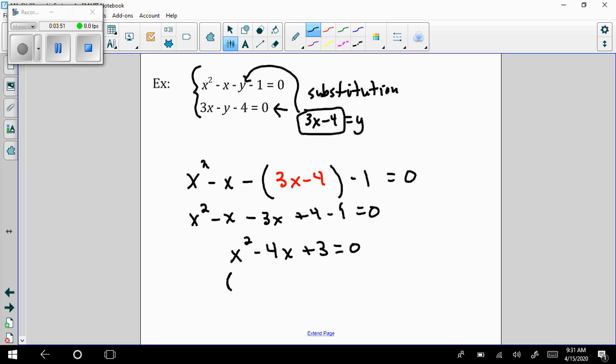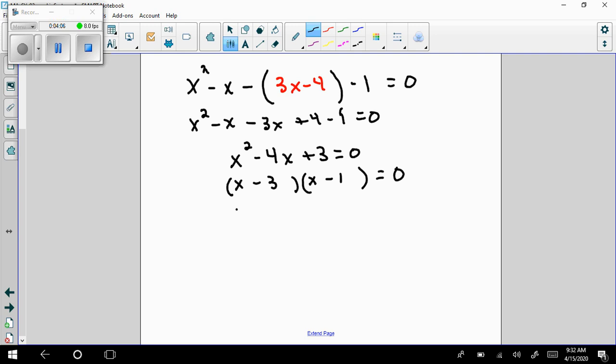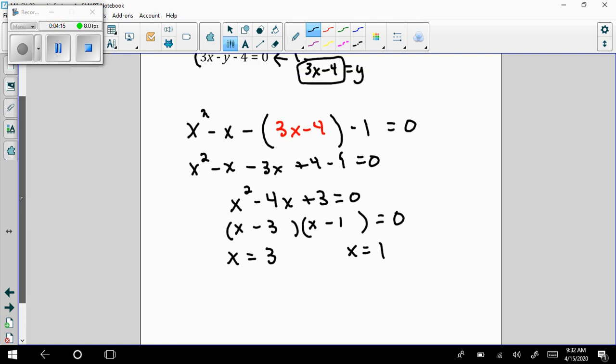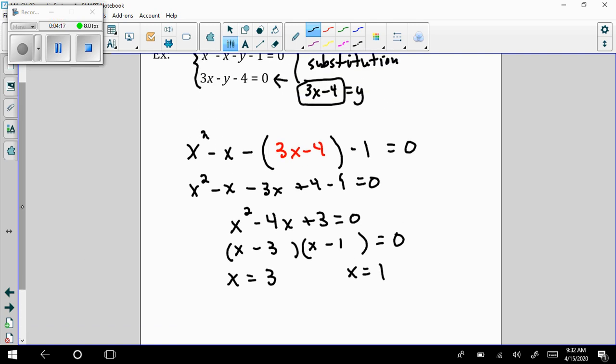So factoring is going to be your friend today. So add to negative 4 and multiply to 3 is going to have to be a negative 3 and a negative 1. So for this one, I'm going to get 2 solutions whenever x is equal to 3 and x is equal to 1. Okay, so now I have to find my values of y that correspond to those x values. So I feel pretty confident that I solved this for y correctly.